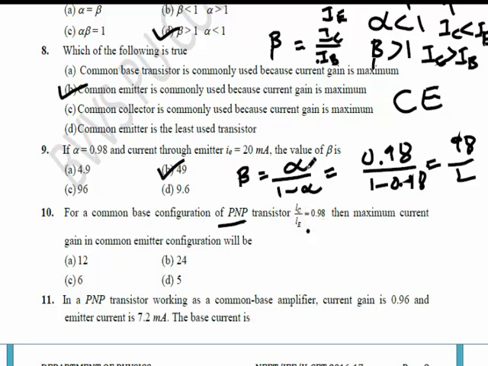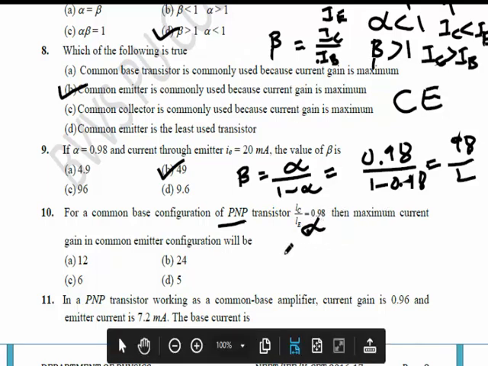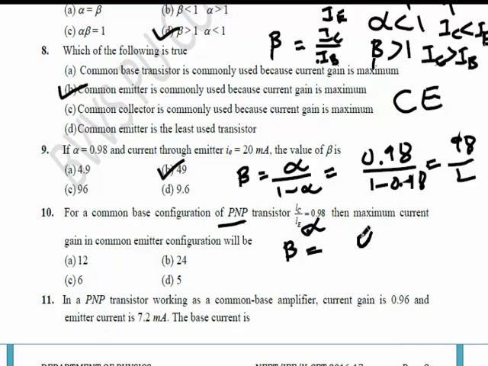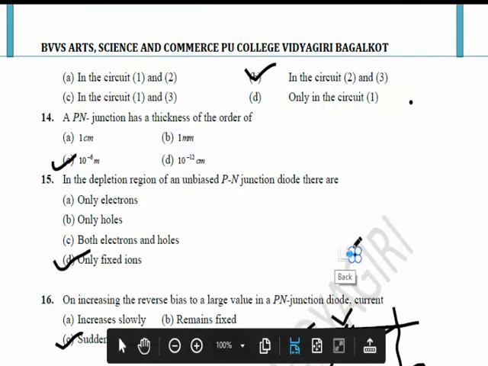It is IC by IE, which means alpha. Alpha is given, alpha is 0.98. Now you have to get beta. So what is beta, the maximum current gain? Beta is written as alpha divided by 1 minus alpha.